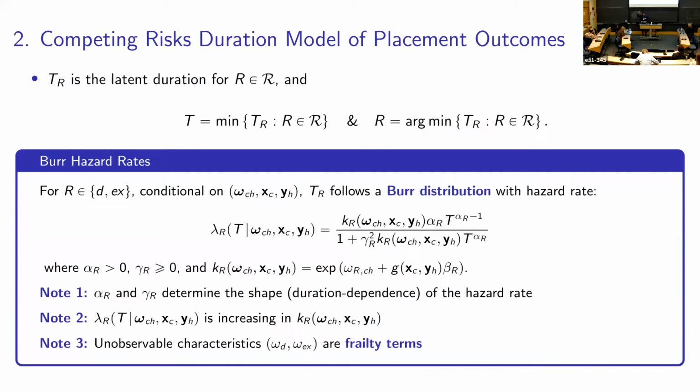That is this ugly thing here that is nonlinear. The reason here is that I basically want to have a hazard rate that is flexible enough to incorporate different forms of duration dependence. So here the alpha and the gamma parameters are going to control for this. Now, how are the omegas going to enter? The variable here is this function k, so basically the hazard rate is going to be increasing or decreasing in these omegas.